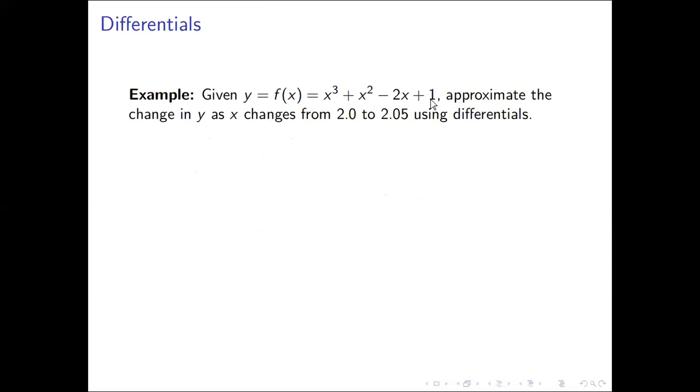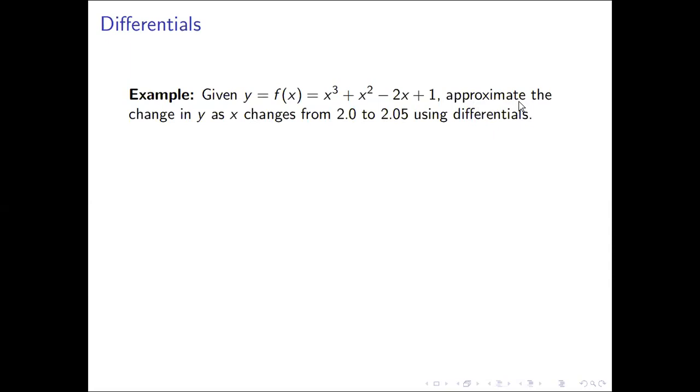Now, the thing to do is to approximate the change that will happen to y if our x value will change from the value 2.0 to the value 2.05. And note that we have here the word approximate the change.